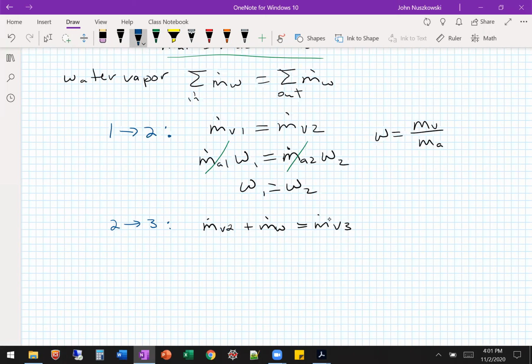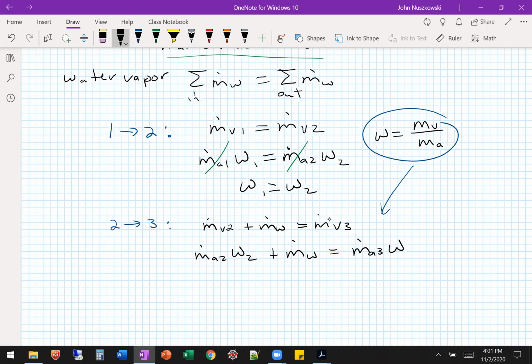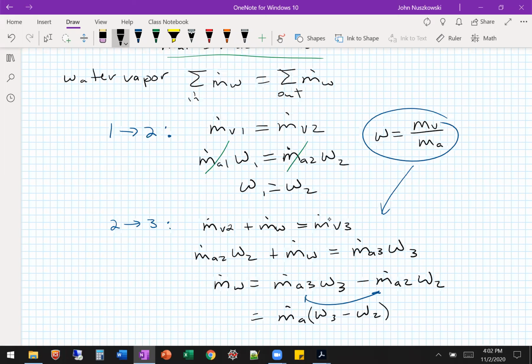Again, for the moist air, if we put in our specific humidity and rearrange, we know that the mass flow rate of dry air is the same at 2 and 3, and that would tell us the mass flow rate of water injected.